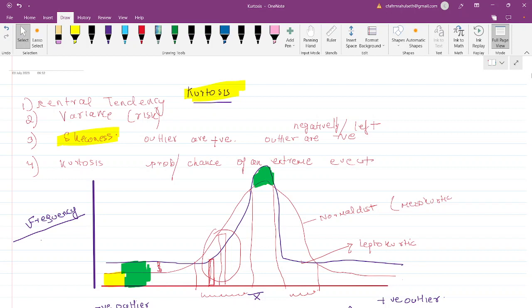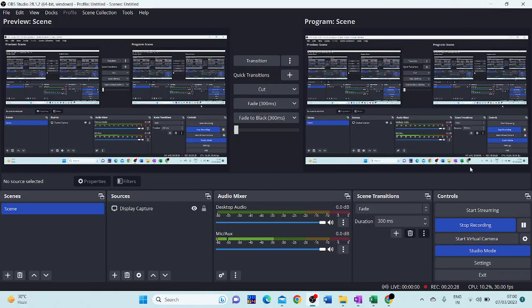And if it is leptokurtic also, then the probability with which these negative extreme values will occur is going to be more than normal. So a negatively skewed distribution which is leptokurtic in nature is going to be very, very risky to invest in. This is something that you should bear in mind.